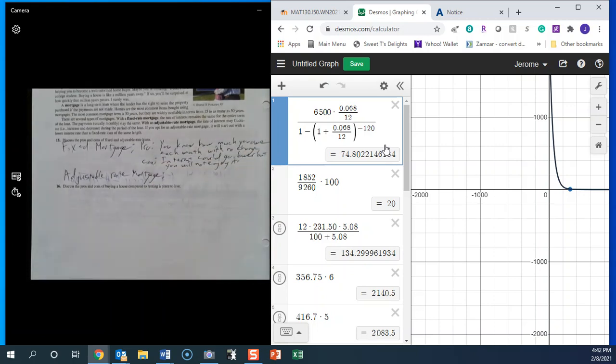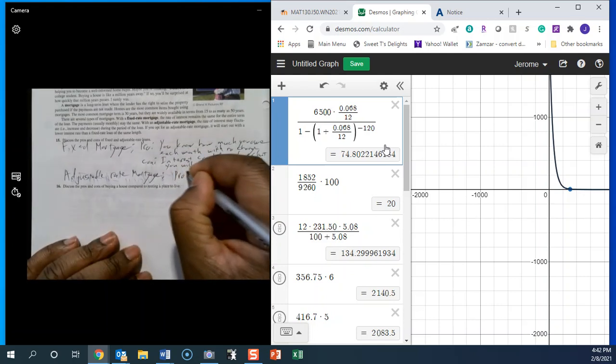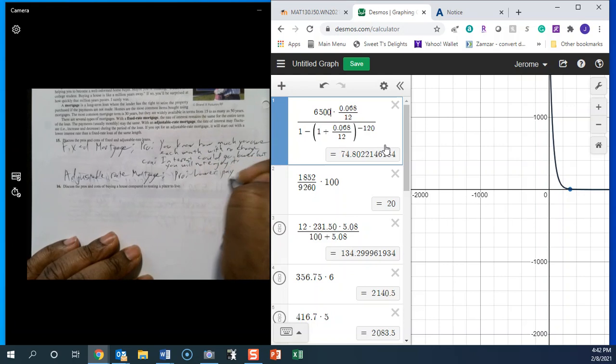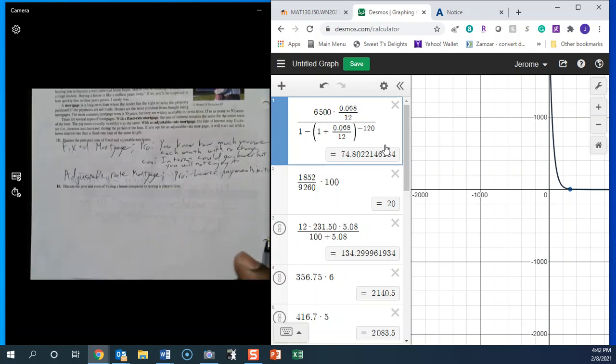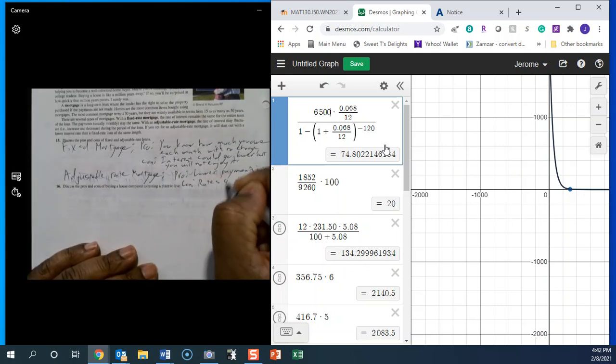Now, unless you refinance, but that's a whole nother thing. Okay, adjustable rate mortgage, pro, lower payments initially. The con, rates go up and your payment goes up.